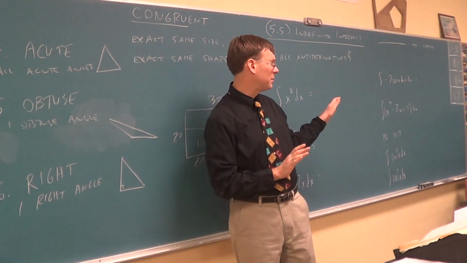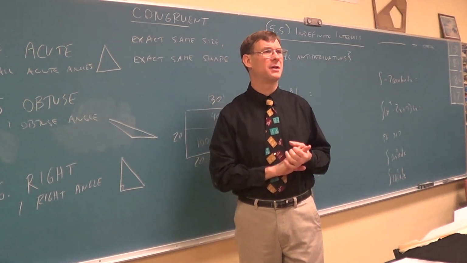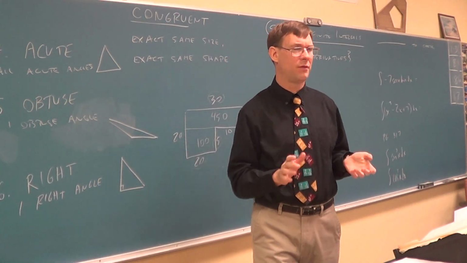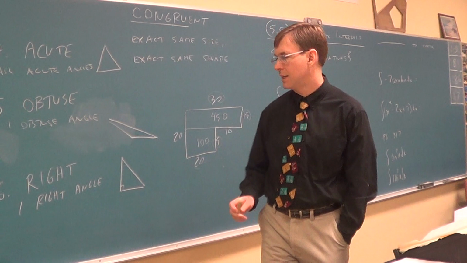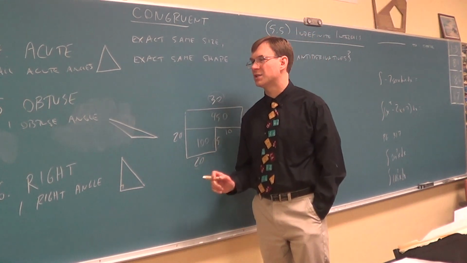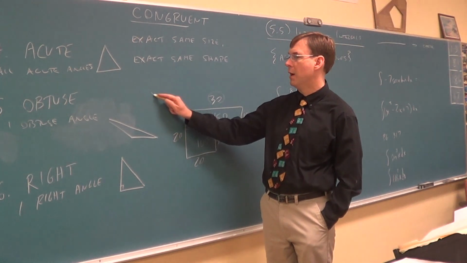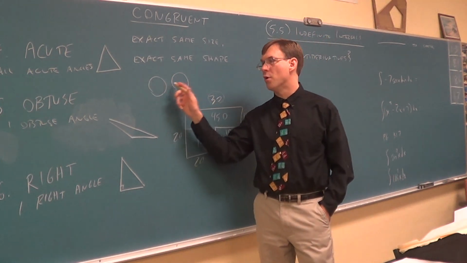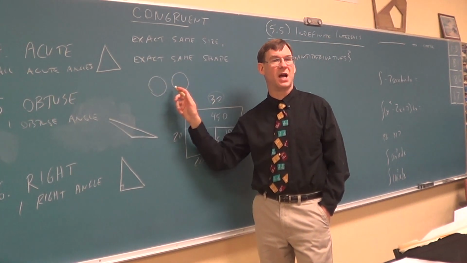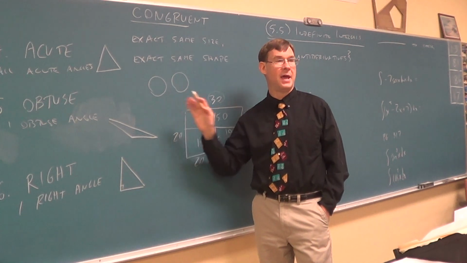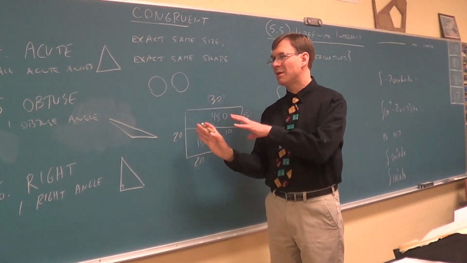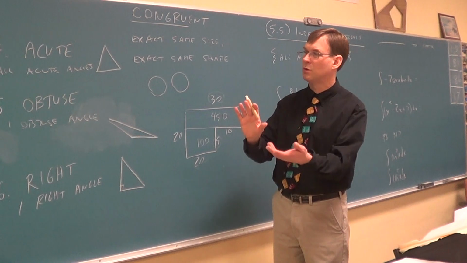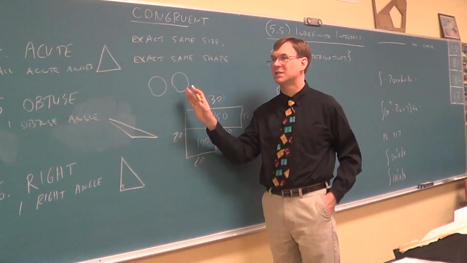I drew a lot of shapes up yesterday, maybe 9 or 10, and we said yes or no a few times. If you think back to yesterday, there's only one set of shapes we would have said yes for congruent, because somewhere on the board I had 2 circles that were the same size. Those are congruent. Everything else might have been the same shape or different shapes. The ones that were the same shape were different sizes.